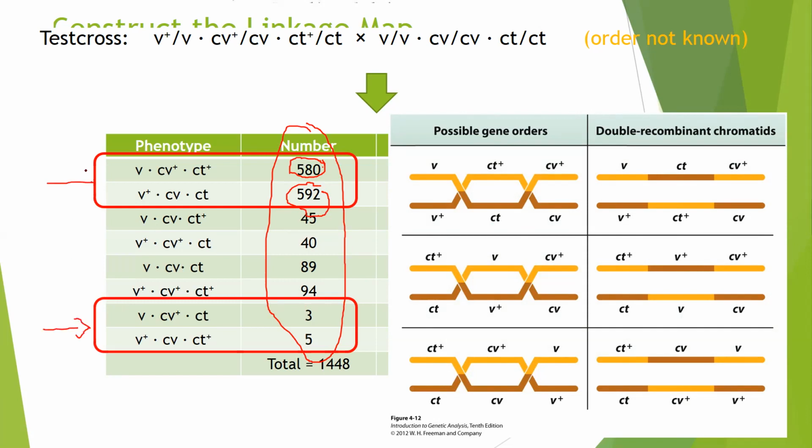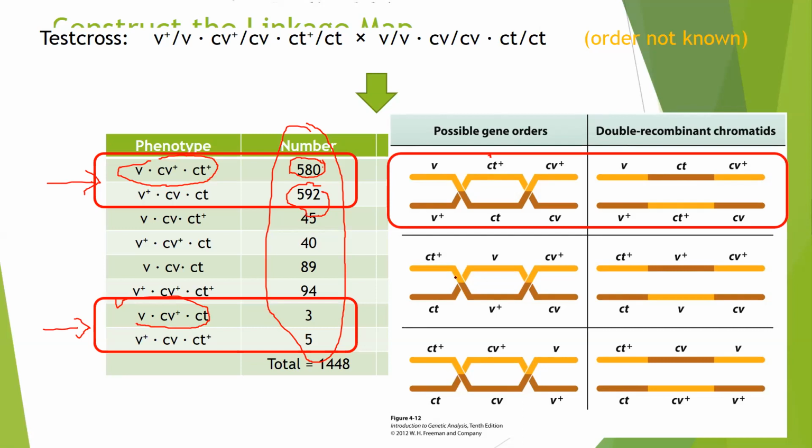Once you have these two, you compare the genotype of the double crossing over with the parental type, and you can immediately see which one is changed, and that one must be standing in the middle. Without this information, you do not know which one is standing in the middle.